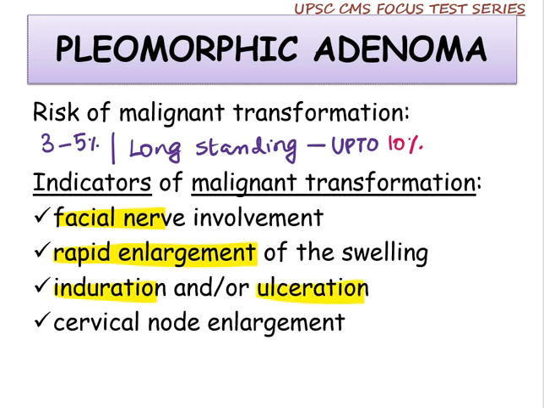I am talking about the skin overlying the swelling showing some induration or ulceration. And fourth important is enlargement of the regional cervical lymph node. All these are indicators of malignant transformation in pleomorphic adenoma. Please remember this very important point, that only few cases develop, but you should be watchful if you are following up a patient with pleomorphic adenoma.